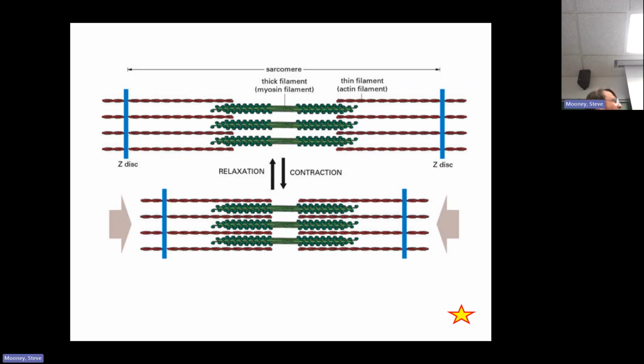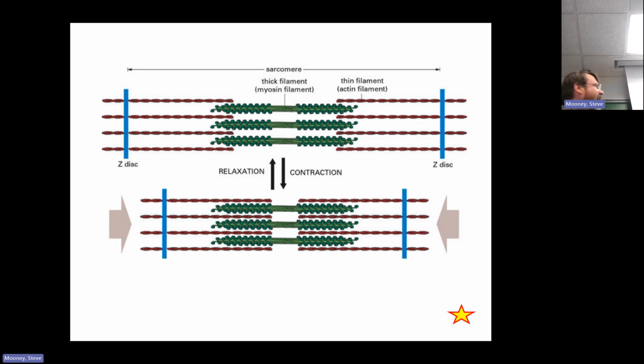So if we're looking at our system here, myosin is going to basically work its way up these things as we have the filaments slide past each other. We're going to bring the Z lines together, and that whole unit's going to contract.